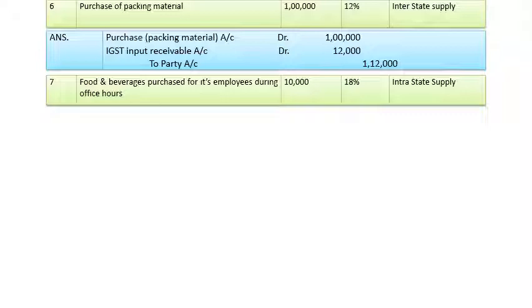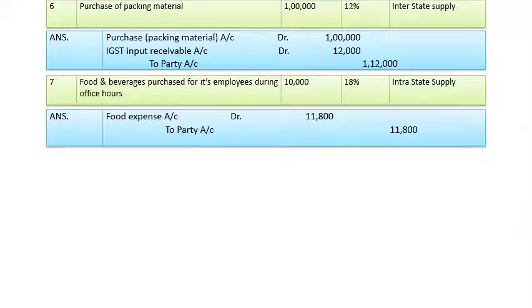That is why we will add it into the cost price of the expense. So the entry is food expense debit 11,800 to party account 11,800.